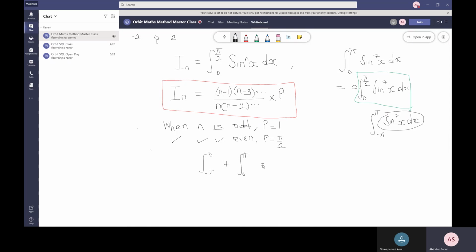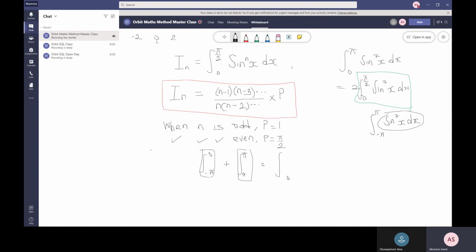Okay, if I want to tweak this, the one I have an issue with is basically this part. To do this part, what I just need is to divide by 2 and multiply by 2, right? But how do I deal with this other part? Here, I want to make this part look like this.